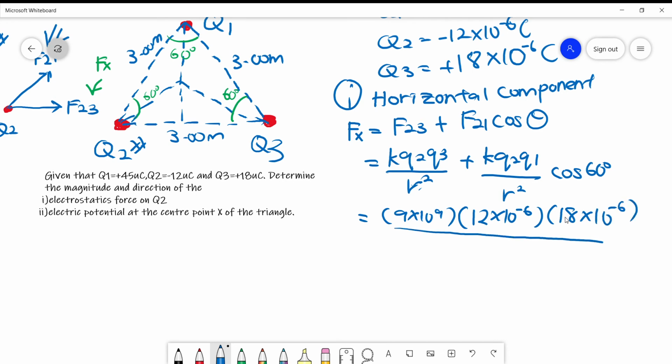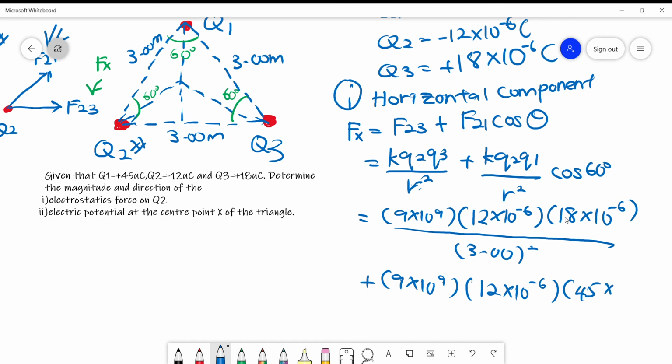So divided by r squared, so this is r squared, which is 3 meter, plus the 9 times 10 to the power of 9. So this is 12 times 10 to the power negative 6. Okay, not Q3, sorry. Should be the Q1, 45 times 10 to the power negative 6. So divided by the 3 as well.